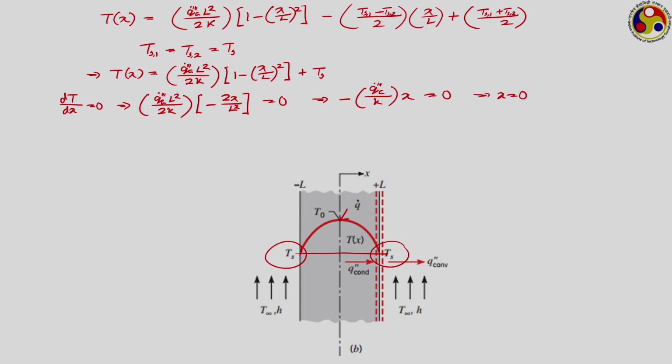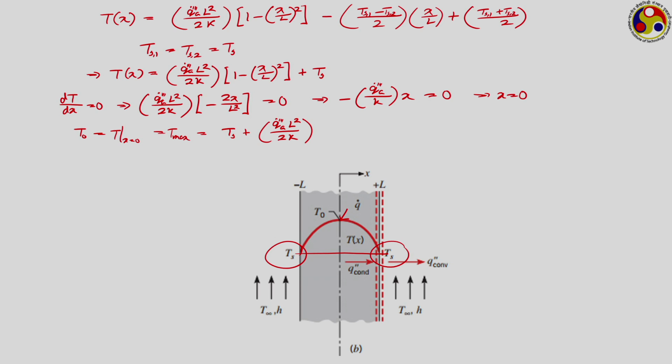So, this is the location where you are going to have the maxima of this temperature, and this maxima T naught, that is T at x equal to 0, which you can also write as the maximum temperature for this system, you can easily obtain by putting x equal to 0 in the expression, which will come as T s plus q 0 triple prime into L square by twice k. So, this is the maximum temperature you can identify.